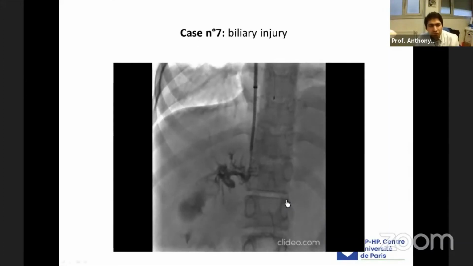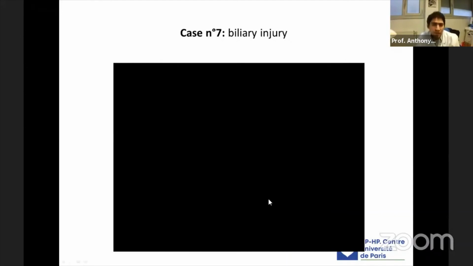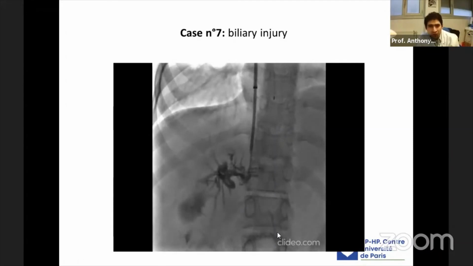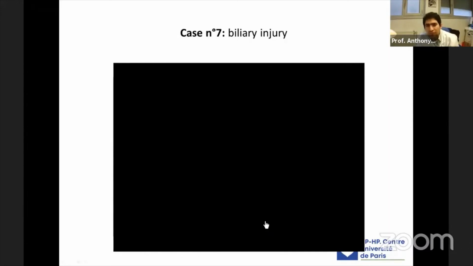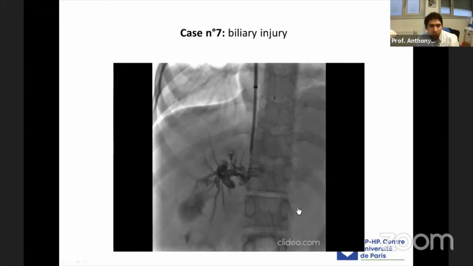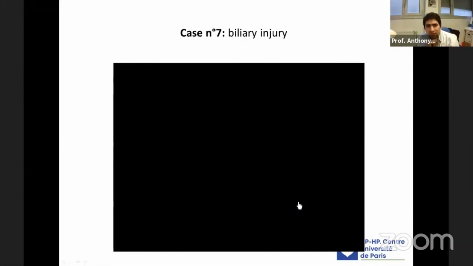So if you have a patient with ongoing sepsis, the best thing to do is to use antibiotics to try to control the bacteremia that may occur after this biliary venous shunt. But usually when you remove your sheath, the tract will close by itself. No fistula is going to remain, and just antibiotics in case of suspicion of bacteremia should be sufficient to avoid a septicemia.